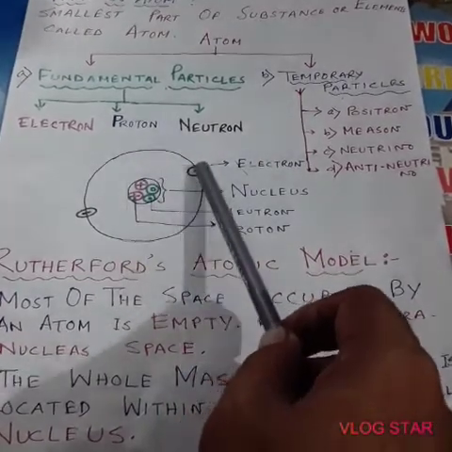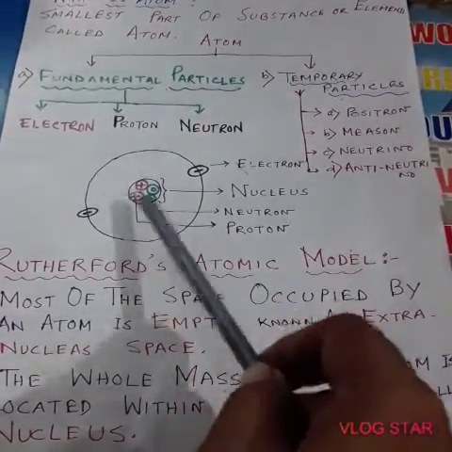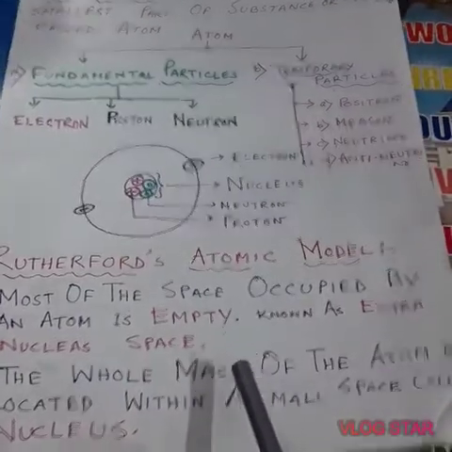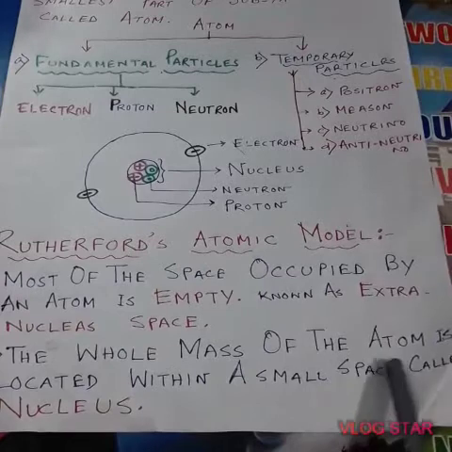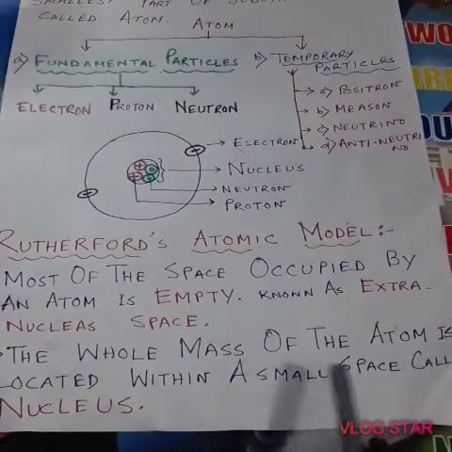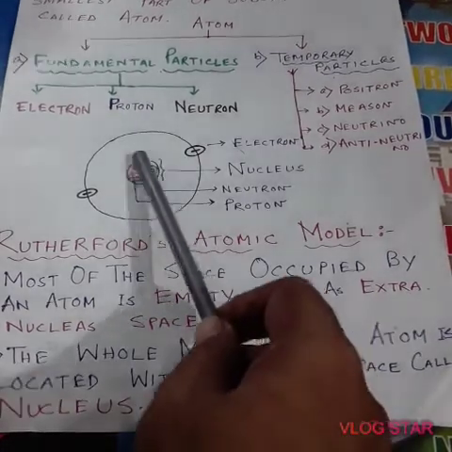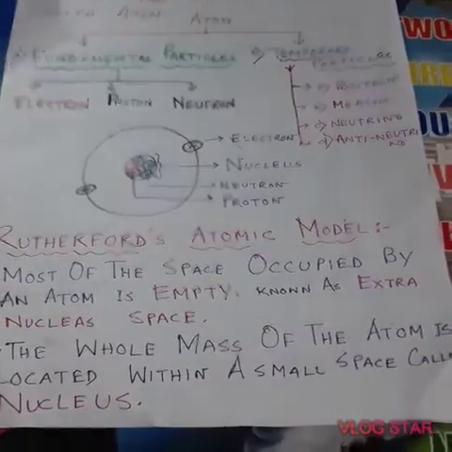This region is called extranuclear space. Second point, the whole mass of the atom is located within a small space called the nucleus. Total mass is inside the nucleus.